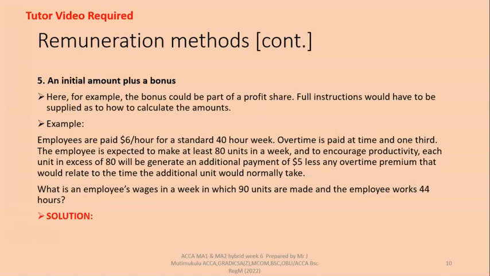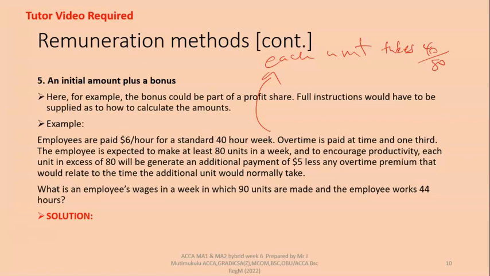So we have to take note here that each unit in this scenario takes 40 hours divided by 80, because we are told employees are paid this much for a standard 40-hour week.